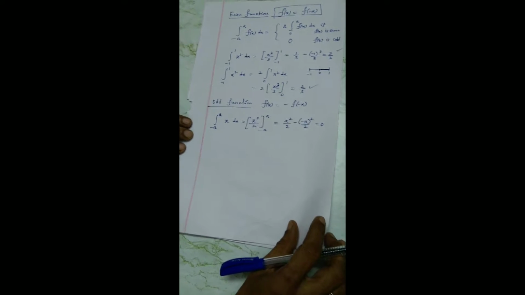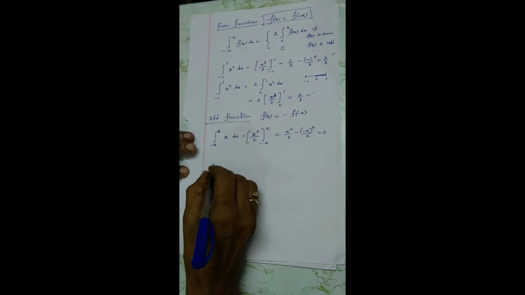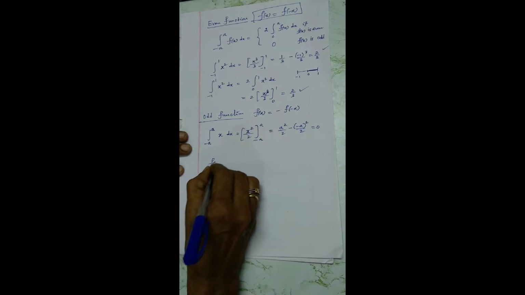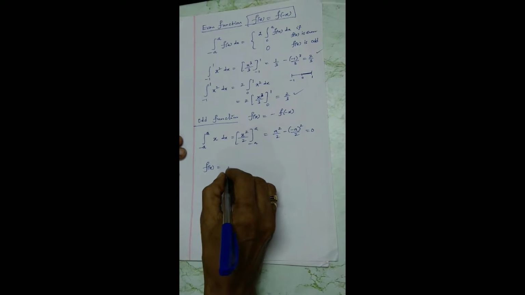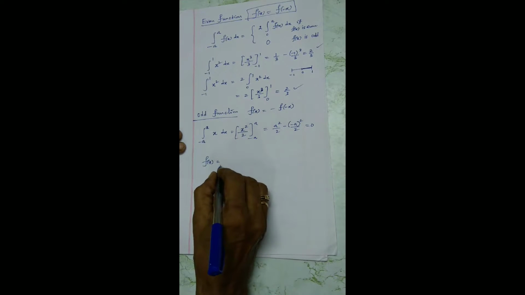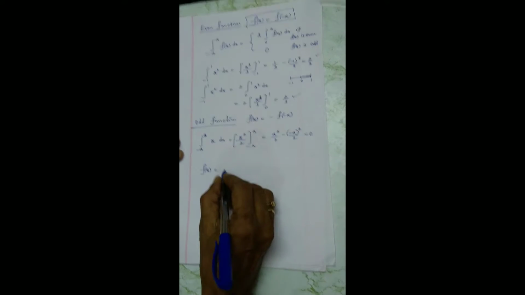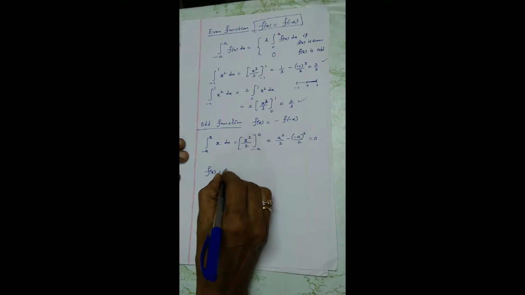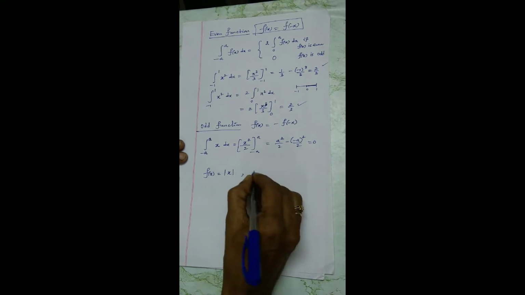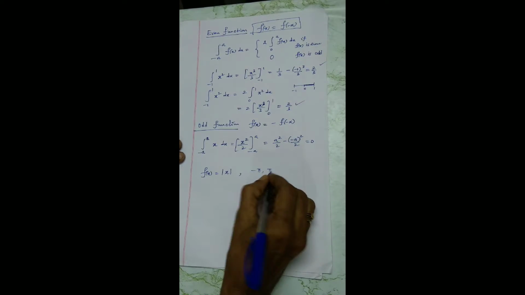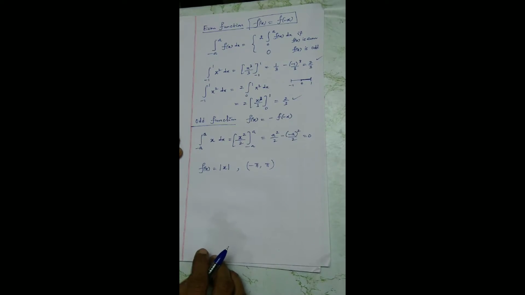Okay. Let us take the Fourier series of f of x. I am taking any one of the combinations. The function I am going to define in the interval minus pi to pi. Let us take the function mod x in the interval minus pi to pi. How am I going to justify this is an even function?